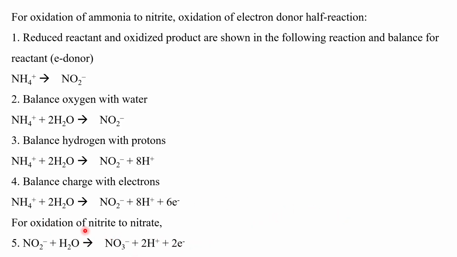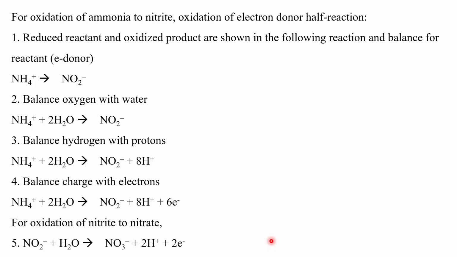So we can add 1 oxygen on the left hand side by adding a water molecule, H2O. One H2O has 1 oxygen. So the oxygens are balanced now. Once we have added a water molecule, we have 2 hydrogen ions extra, so we will add 2 protons on the right hand side to balance that.